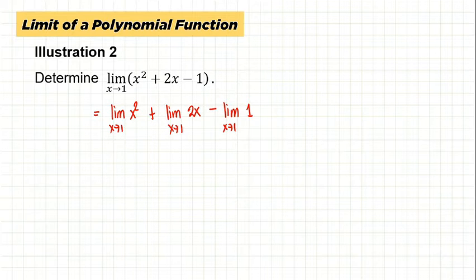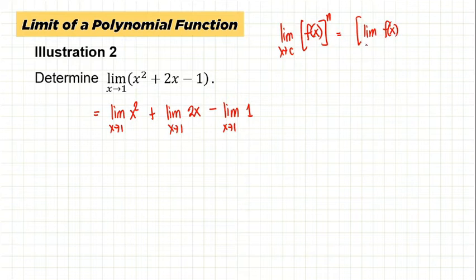According to the power theorem, the limit of f of x to the power of n as x approaches c is equal to the limit of f of x as x approaches c, to the power of n. So, pwede nating ipasok yung limit. In this case, yung f of x natin ay parang si x na, at yung n ay si 2.